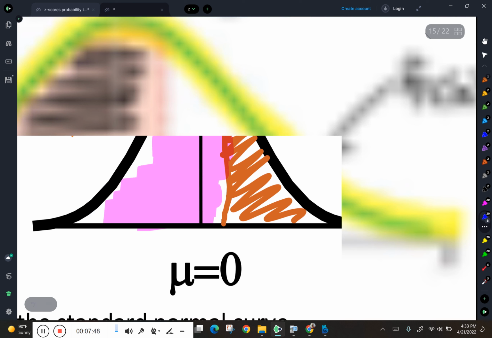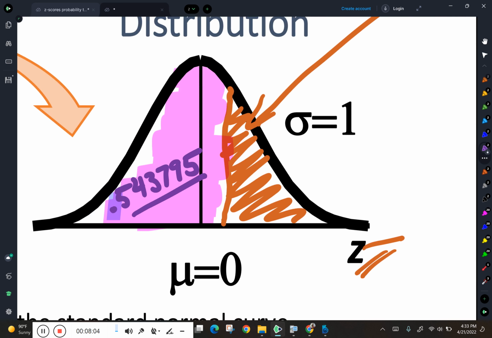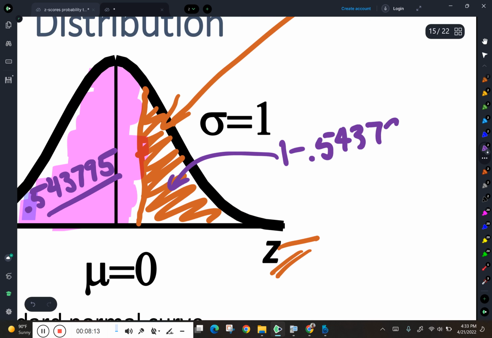is 0.543795. And if the left is 0.543795, what's the right? Well, then this piece over here is just 1 minus 0.543795, which would be 0.456205.